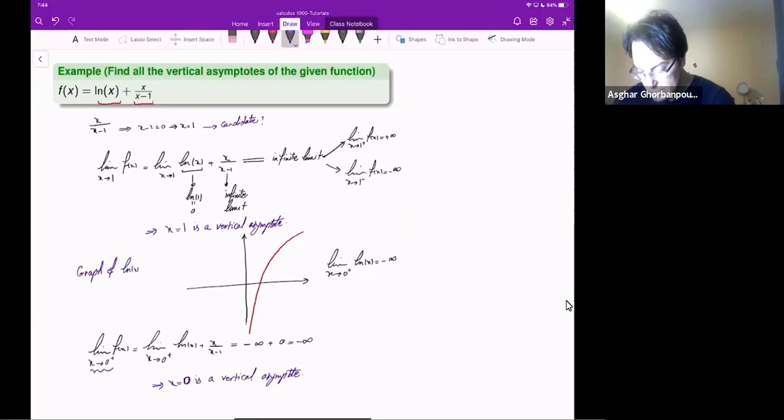I knew that x equal to 0 is a vertical asymptote for ln x, so I brought it in as another candidate for this function, and along the way I showed that even for this function, as x approaches 0 from the right, we have an infinite limit. So it means that x equal to 0 is a vertical asymptote.